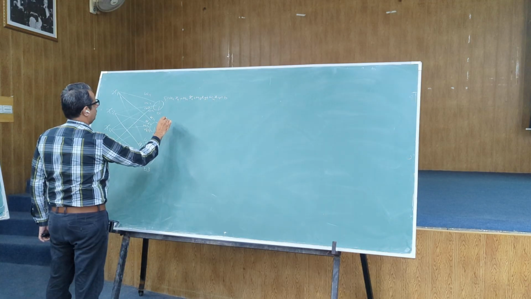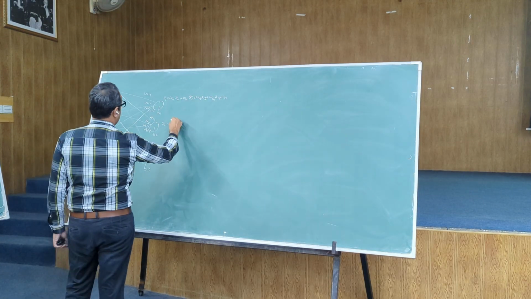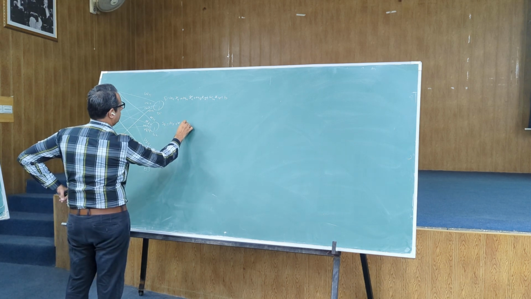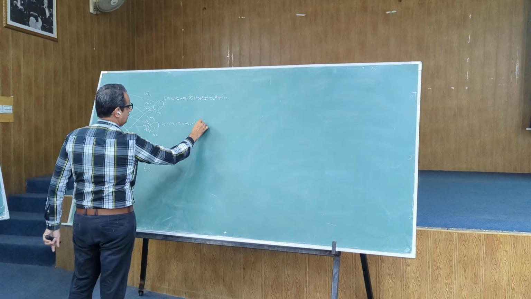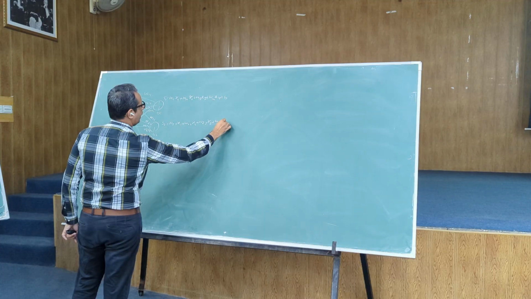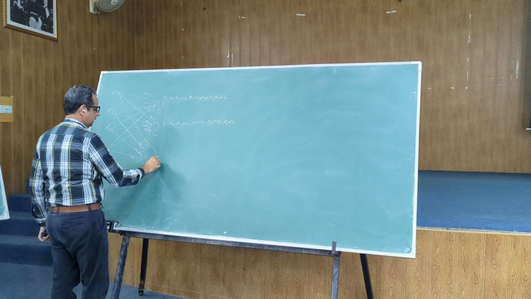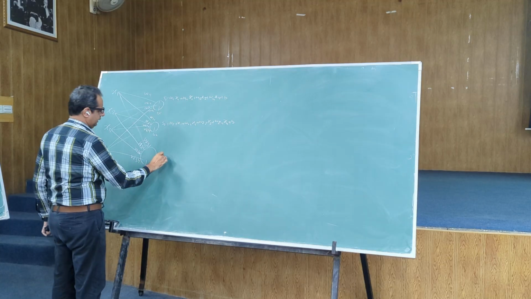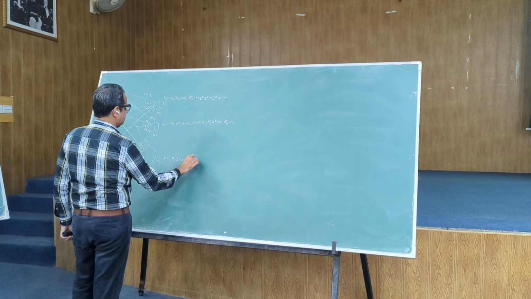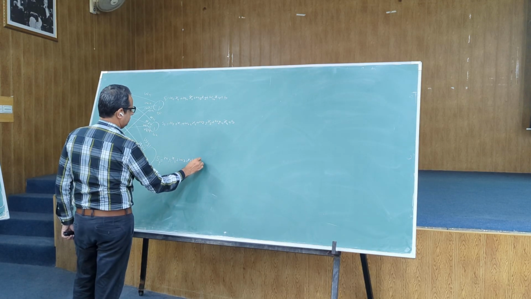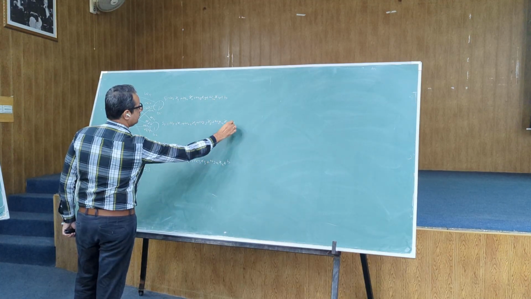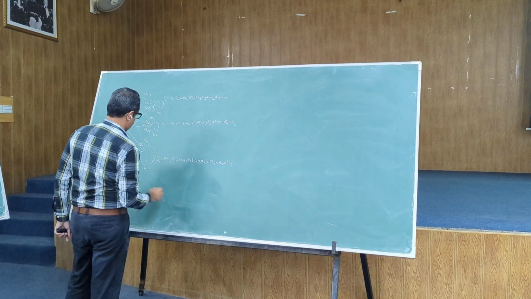Here S2 will be W21X1 plus W22X2, W23X3, and W24X4 plus B. And here the output will be W31X1, W32X2, W33X3, and W34X4 plus B. This is 1, this is 2, and this is 3.